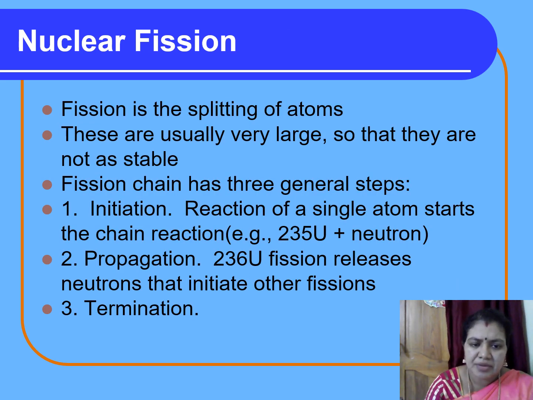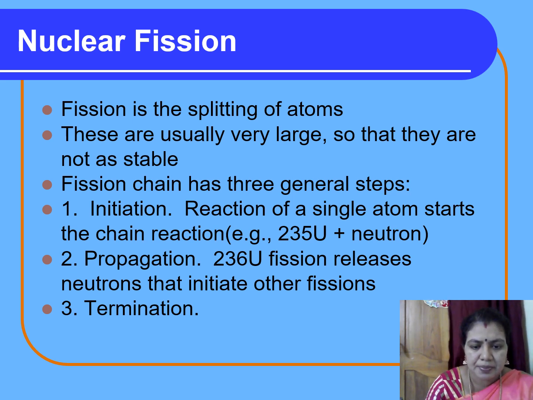Now, this fission reaction has three general steps. At the first step, there happens the initiation, the reaction of a single atom. It starts the chain reaction, that is uranium-235 getting bombarded with neutron.